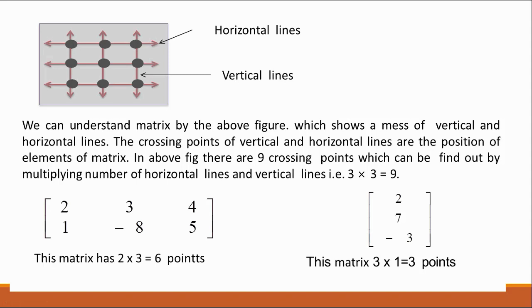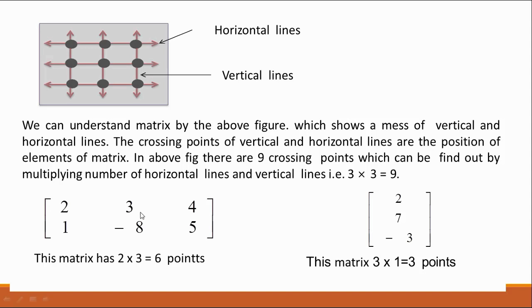For example, in this figure you see there are 3 horizontal lines, 1, 2, 3, and 3 vertical lines, 1, 2, 3. So there are 3 multiplied by 3, that is 9 crossing points.